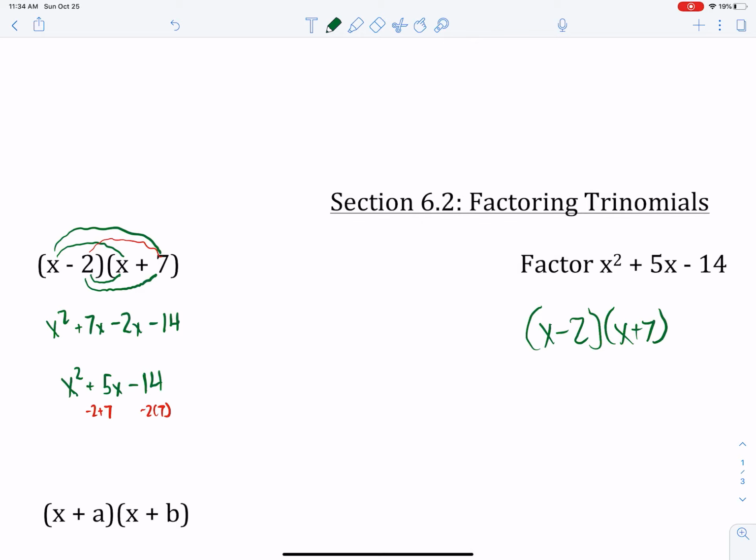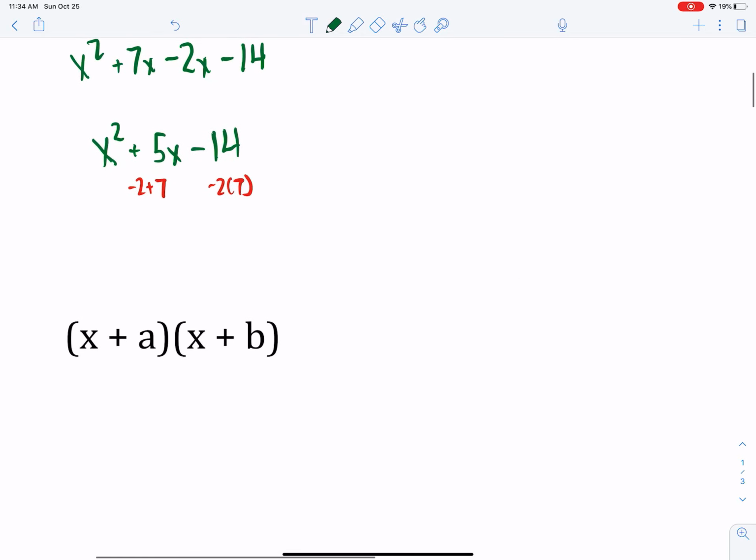Now, in general, if you multiply x plus a times x plus b, you're going to end up with x squared plus a plus b times x plus a times b.